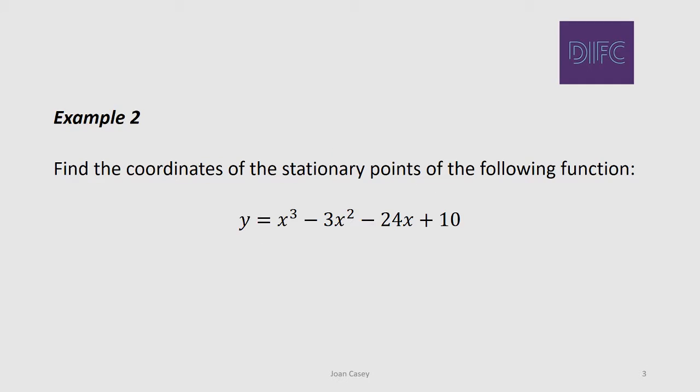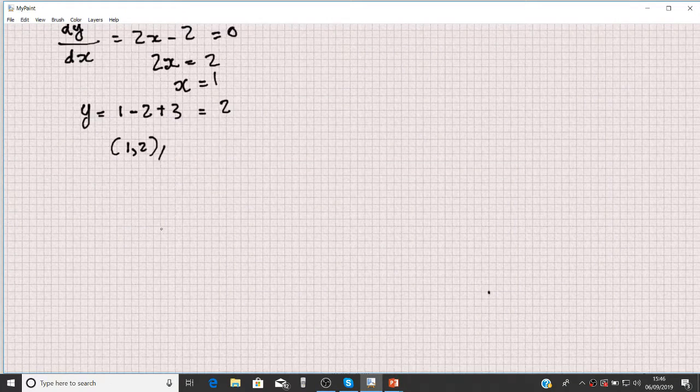The second example is: find the coordinates of the stationary points of the following function, y equals x cubed minus 3x squared minus 24x plus 10. This time we have a cubic equation. And again, we're trying to find the coordinates of the stationary points.